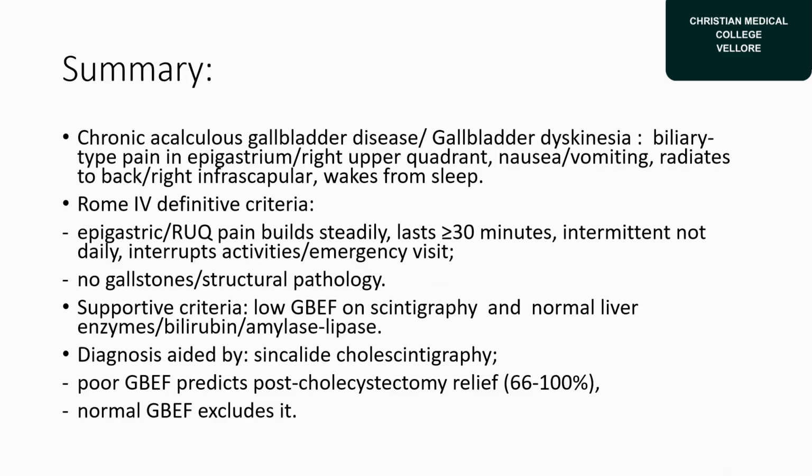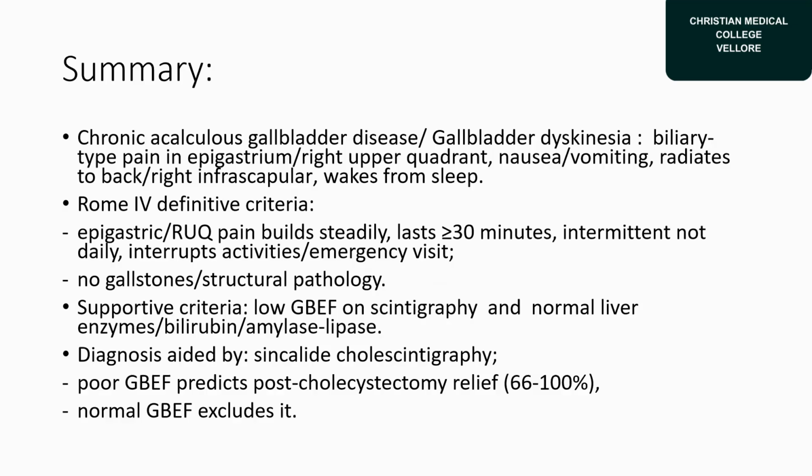So coming to the summary, chronic acalculous gallbladder disease is what is called gallbladder dyskinesia, and it presents as biliary type pain in the epigastrium or right upper quadrant, usually associated with nausea, vomiting, radiating to the back, and usually wakes the patient from sleep. According to the Rome 4 criteria, you should have an epigastric or RUQ pain that builds steadily, lasts for more than 30 minutes, is intermittent but not daily, interrupts daily activities, and no gallstones or structural pathology should be found on structural imaging.